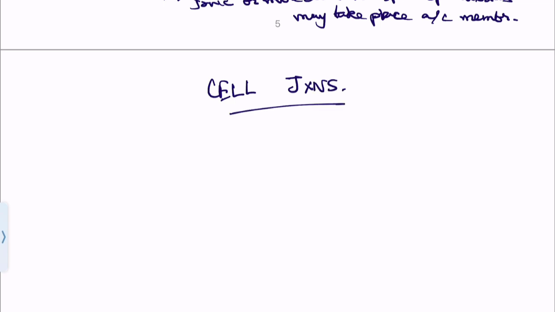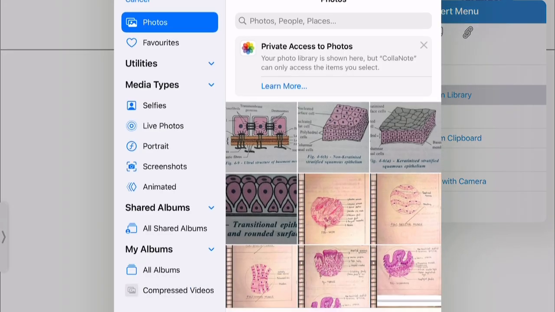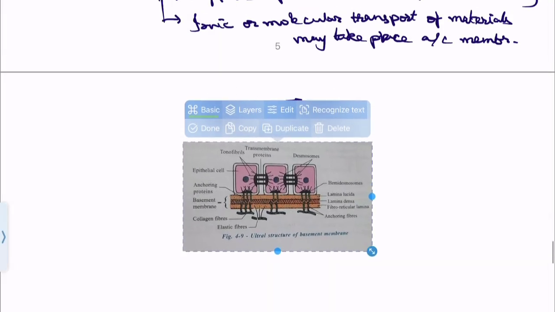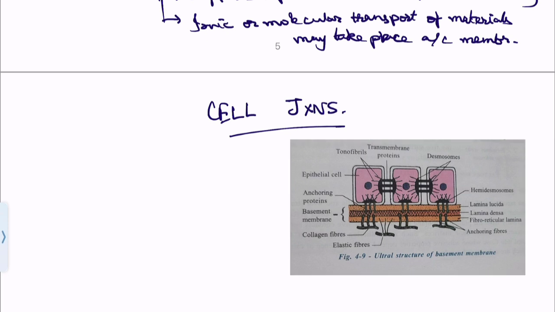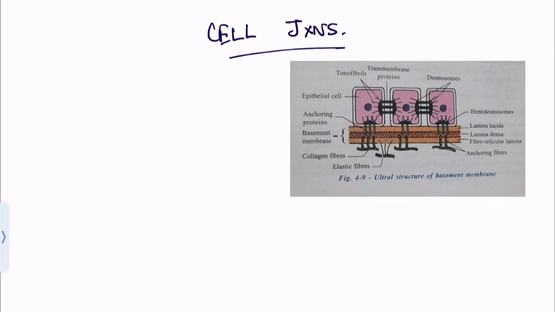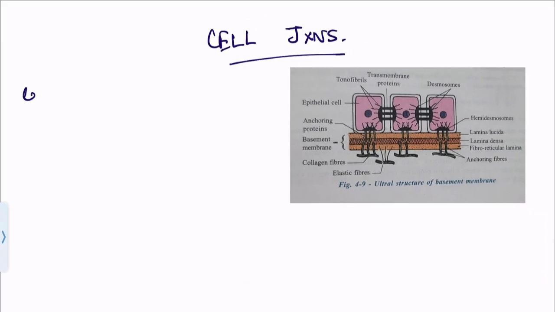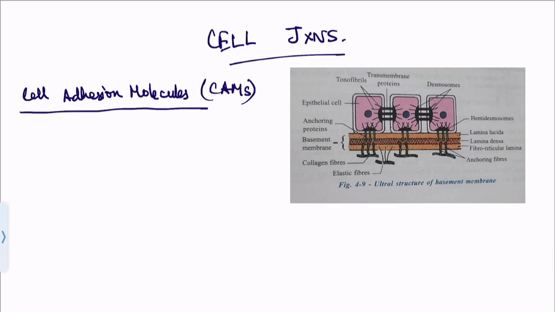Now we are going to learn about cell junctions. I'll use the same photo. There are also many cell adhesion molecules, also known as CAMs. They may be calcium dependent or calcium independent.